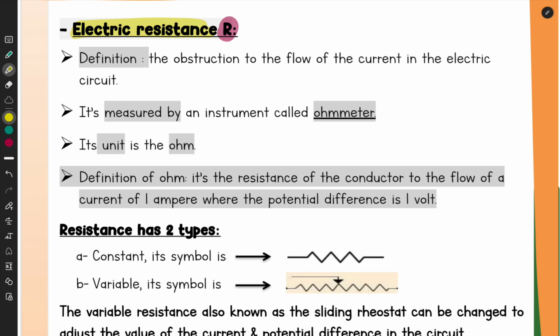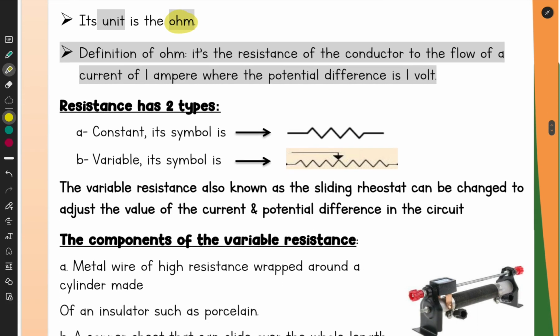It is measured by an instrument called an ohmmeter, unlike the potential difference, which is measured by a voltmeter, and the electric current, which is measured by an ammeter. Its unit is ohm. The device is ohmmeter, the unit is ohm.